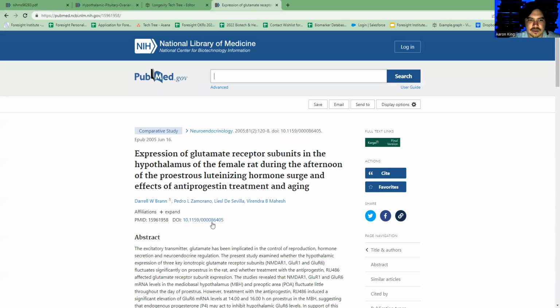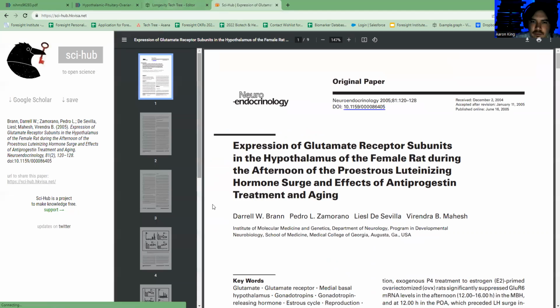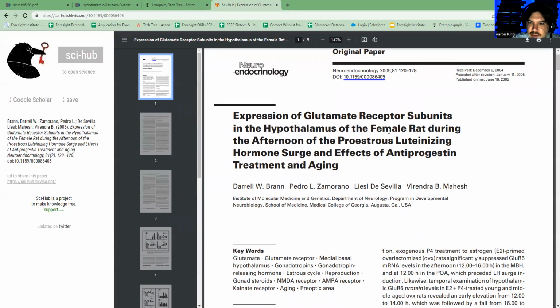Okay. Receptor settings, the proestrus luteinizing hormone surge, antiprogestin treatment and aging.